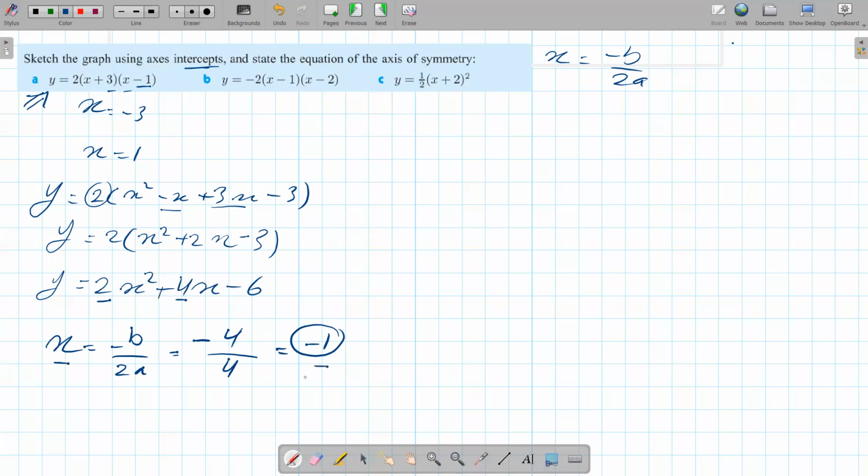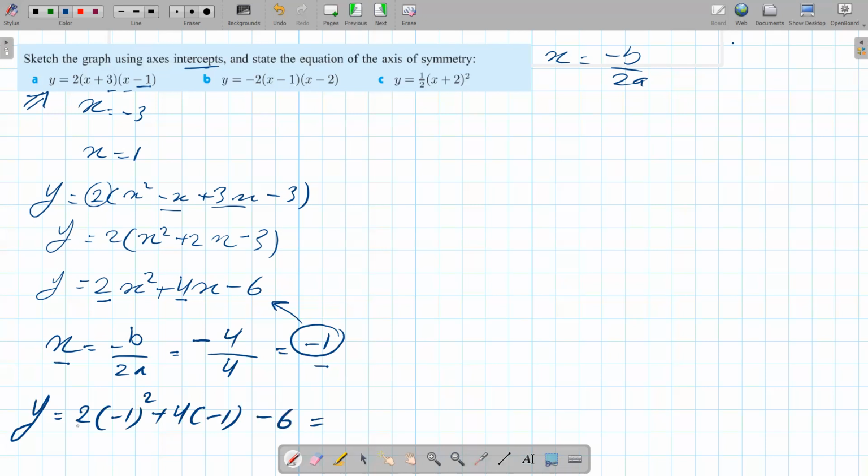And we can use this concept to find the vertex point by substituting the value of x inside of the equation, or the normal function f of x, or y equals 2x squared plus 4x minus 6. Then y equals 2 times negative 1 squared plus 4 times negative 1 minus 6.